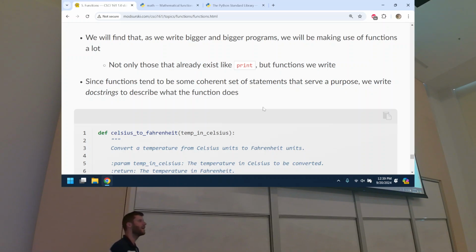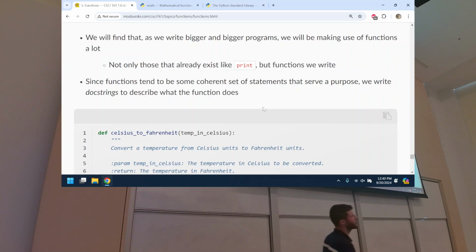And then finally, docstrings. These are super important. Even if your code is very self-explanatory, even if a function's very self-explanatory, we should always write our docstrings. In fact, you must always write your docstrings. If you don't, you're going to get in trouble. A docstring is a special comment that you put in your function to describe what the function does.